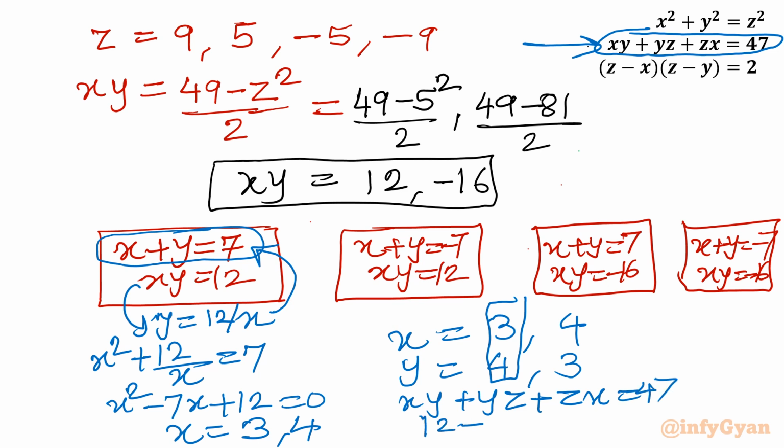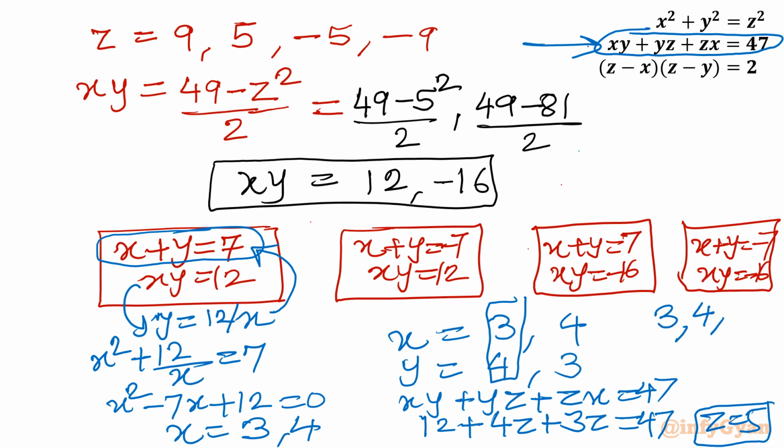So 12 plus 4z plus 3z equal to 47. 7z is equal to 35. Z is equal to 5. So we have calculated two sets of solutions, final solutions, that is 3, 4, 5 and 4, 3, 5.